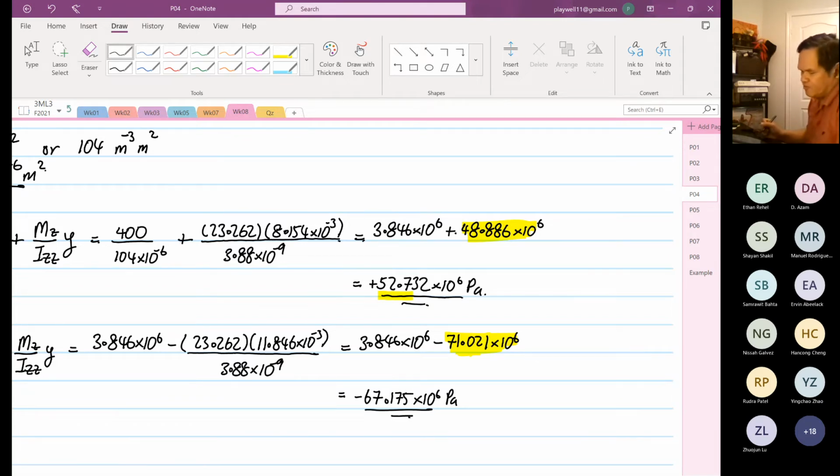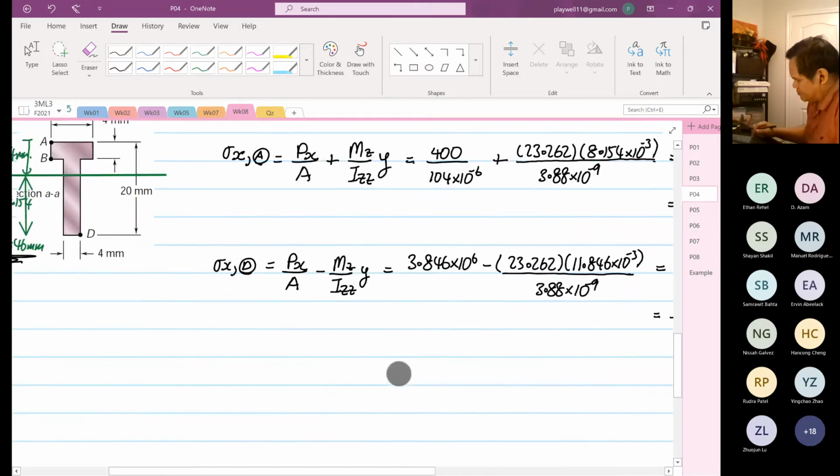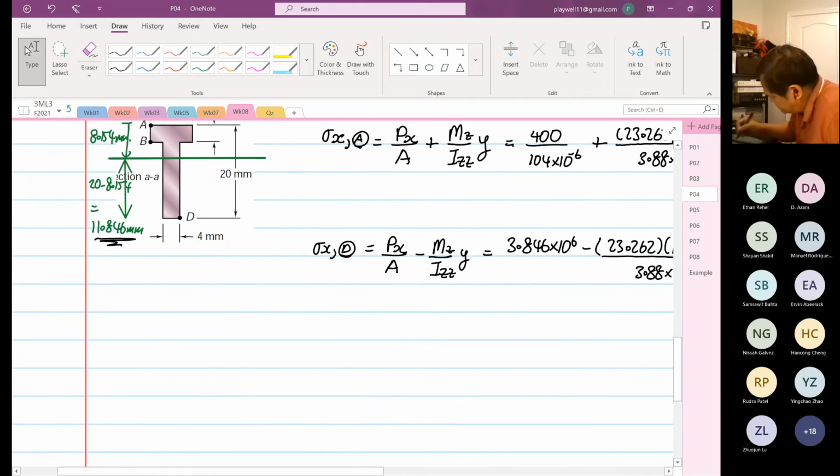So the next question asks, locate the position of the neutral axis. Okay. So we're going to do the position of the neutral axis. Okay.